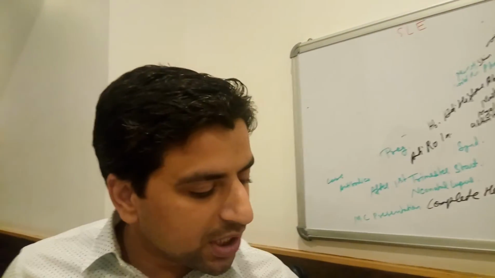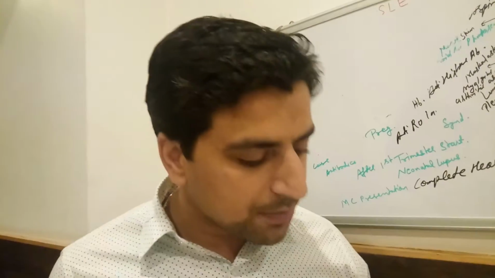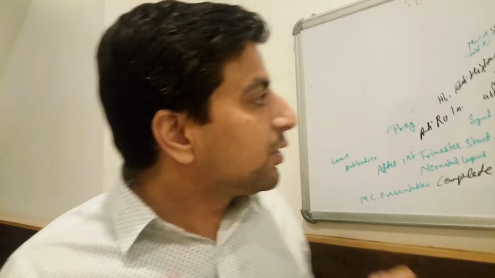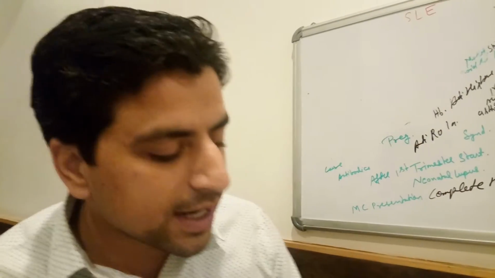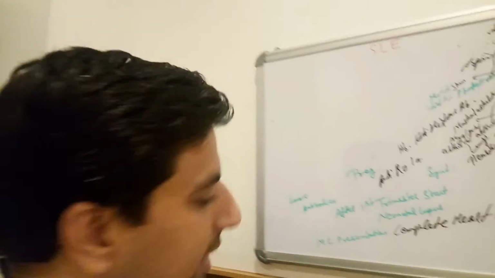The options given: anti-Smith. Anti-Smith antibodies are the most specific antibodies. Anti-histone antibody is responsible for drug-induced lupus, we already know. So the remaining option is anti-Ro. So anti-Ro is the answer, my dear friends.